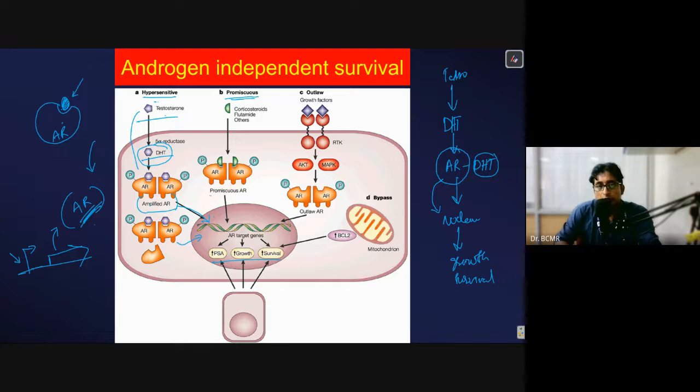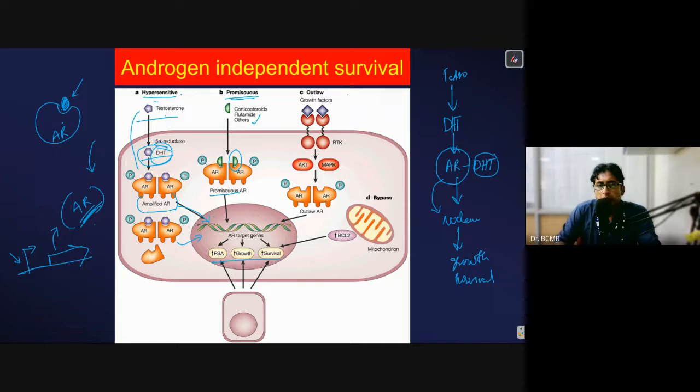We call it promiscuous, meaning that the choice has changed. It should have been for dihydrotestosterone, but now it is some other molecule similar to dihydrotestosterone. The specificity has changed, or the affinity for a different molecule has increased.